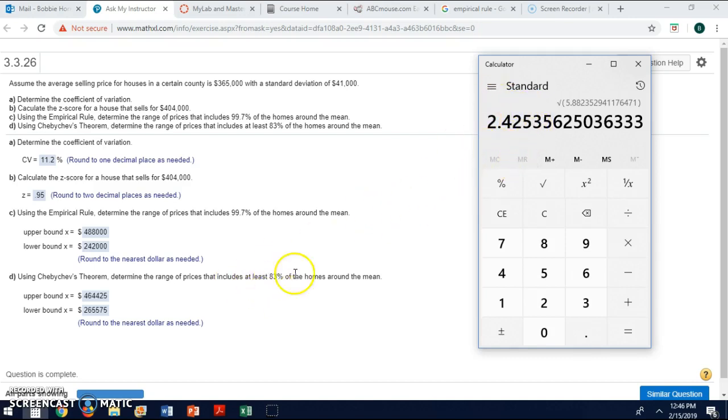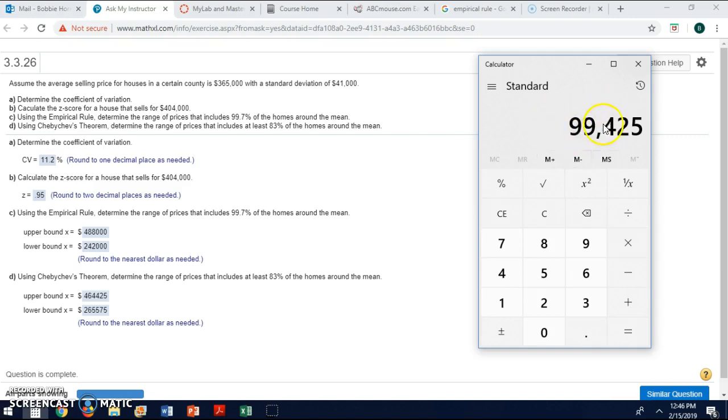So for 0.83 or 83%, the z-score is 2.425. We're going to round to the third decimal place here. If you do 2.425 times your standard deviation, which is 41,000, this is your magical number to add to and subtract from the mean.